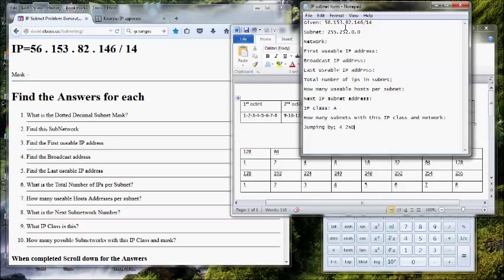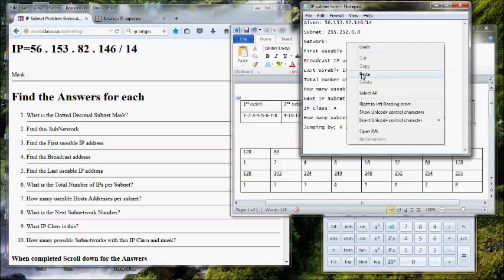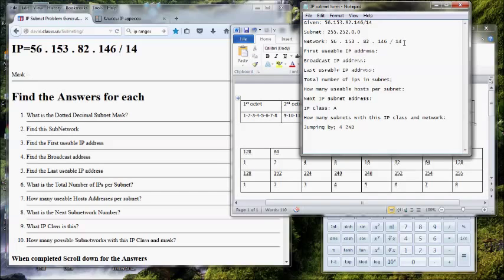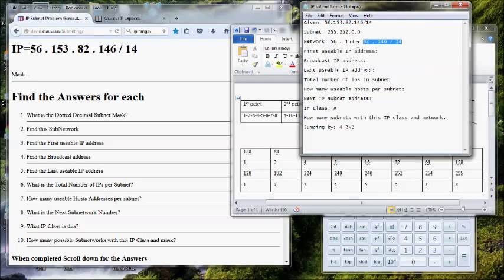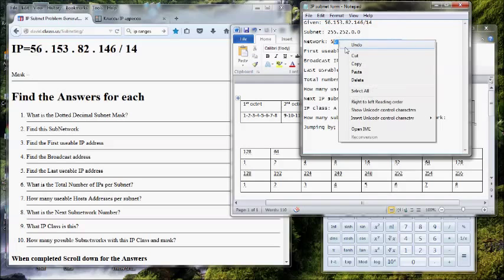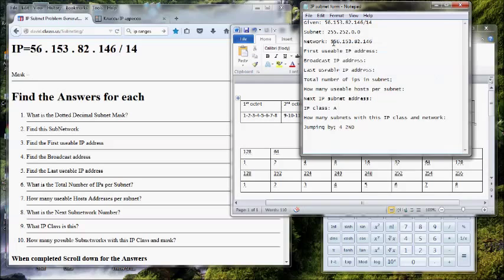And so now I know that I'm going to put this given here, and actually let's just highlight this, copy that, and paste.